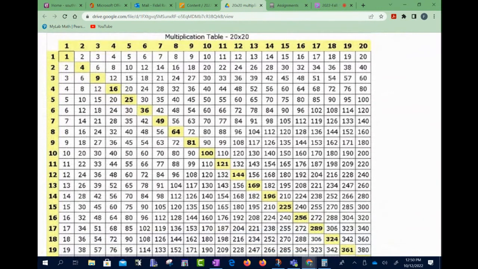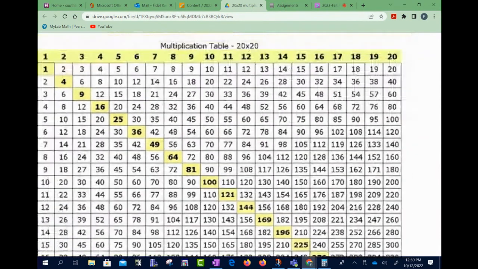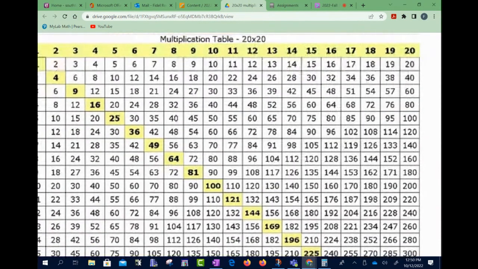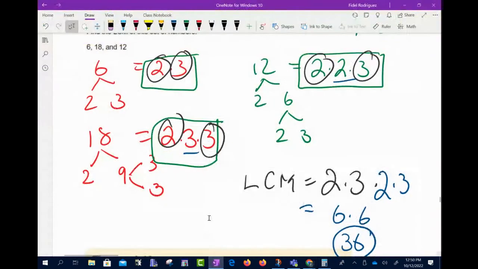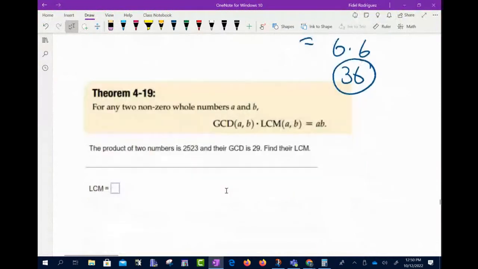Now remember, if the numbers are bigger, just go to a Google search and type in a 25 by 25 table, something that's going to give you a bigger table, right? But this is another way you can do it. And again, what a lot of people appreciate about this is that it's visual, right? You can see the numbers that we're looking at, okay? All righty.